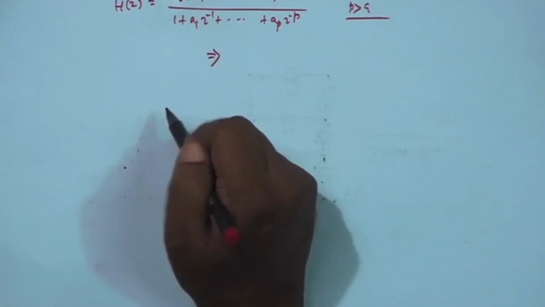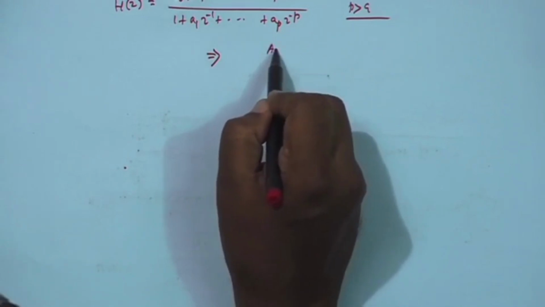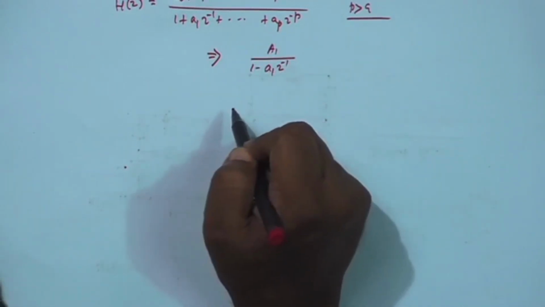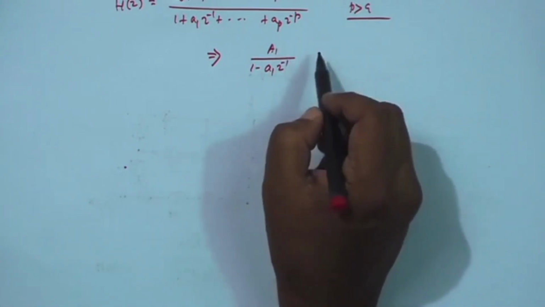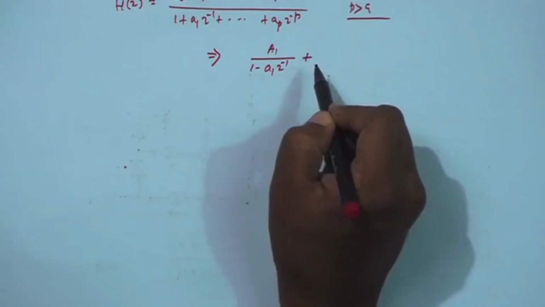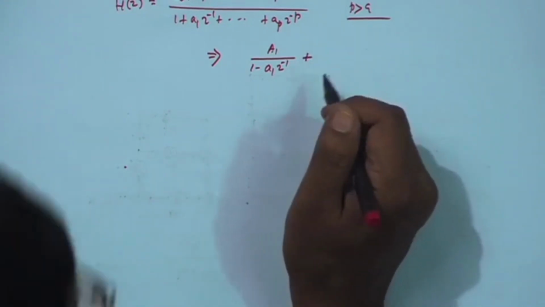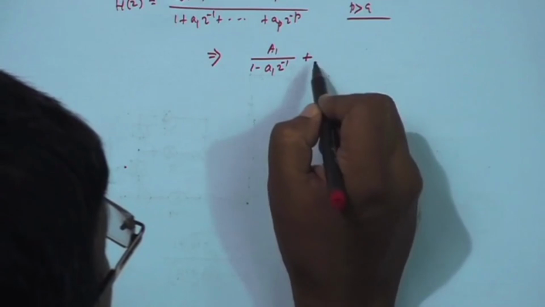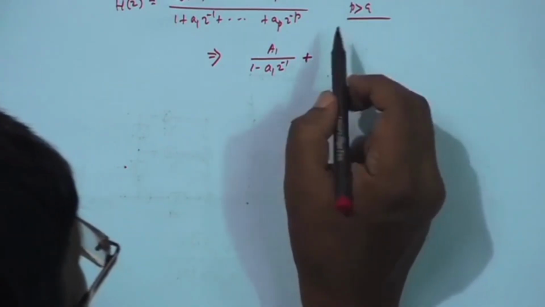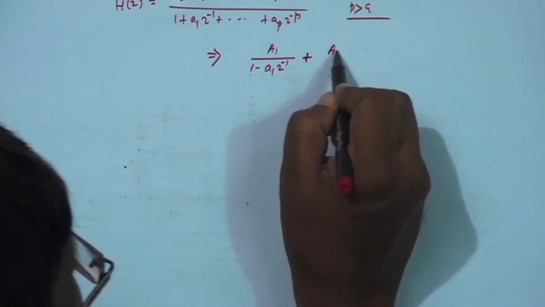Partial fraction means you can have some term like, say, A1 over 1 minus a1 Z inverse. I am assuming first order pole here, and then you will have maybe another term.